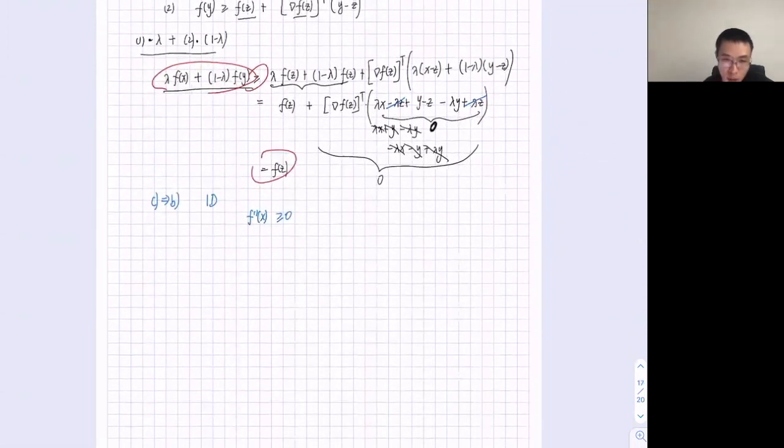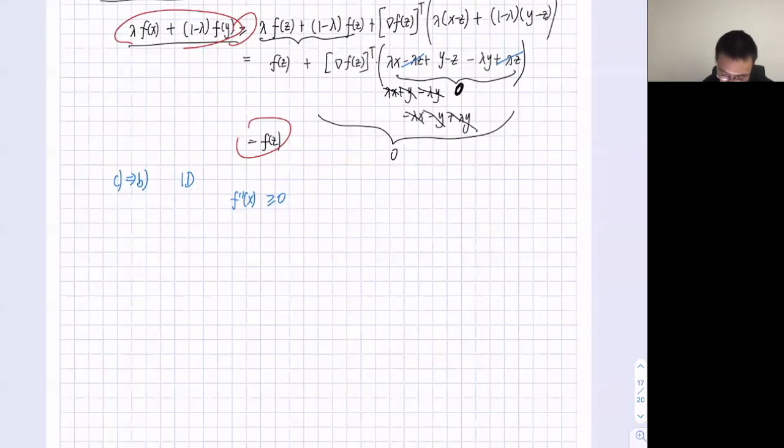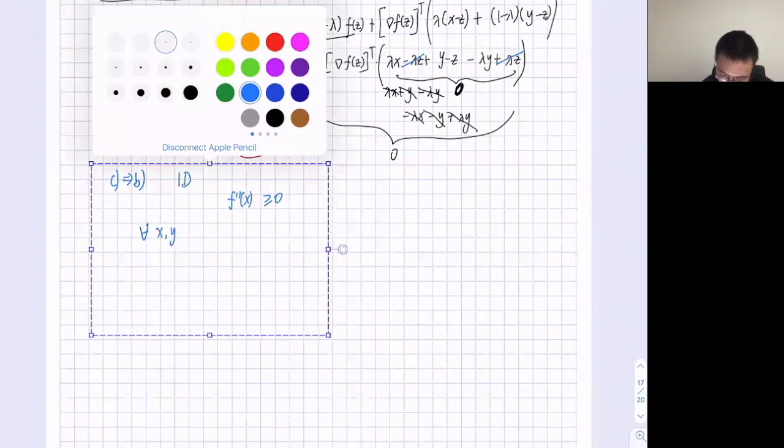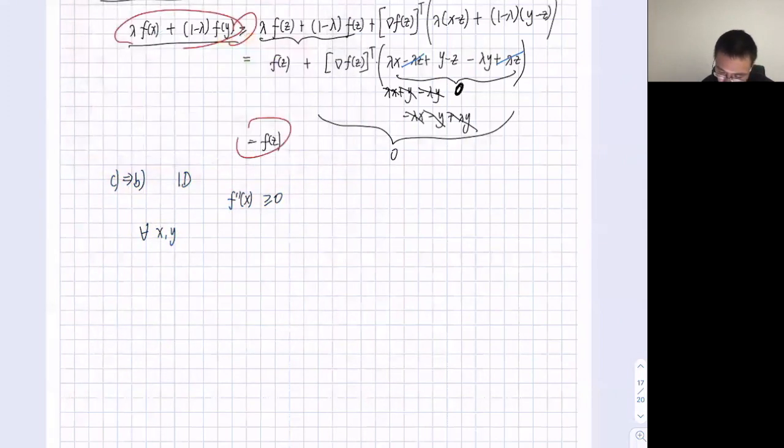Maybe I would like to do a Taylor expansion. Taylor expansion says, for any x and y, f of y is f of x, almost. If you believe the function is a constant, then it's correct.